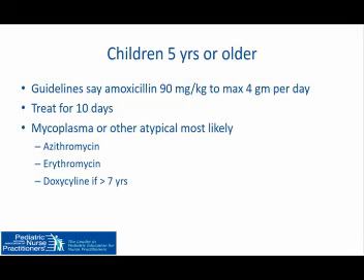Or they're an older adolescent, a young adult, then those kids do get azithromycin or another macrolide. And you can use doxycycline, okay, if they're over age 7. So don't forget about doxycycline. Doxycycline is actually first line a lot of places for adults with pneumonia. So there you go. There is the time you can write for a Z-Pak.